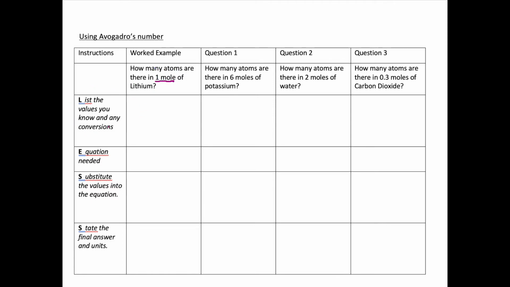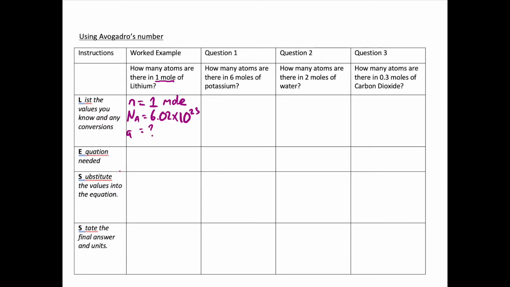So thinking about the values that we know our number of moles is 1 mole, and we know that Avogadro's number is 6.02 times 10 to the 23. And what we're after is our number of atoms. So I'm going to call this A.